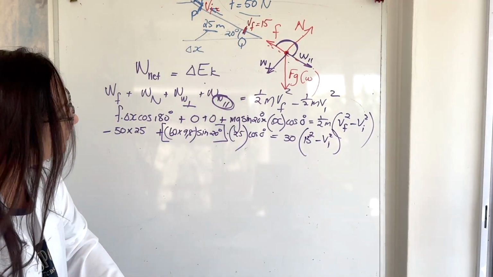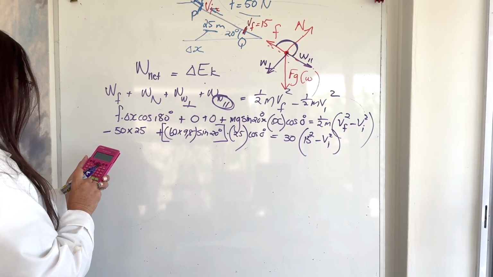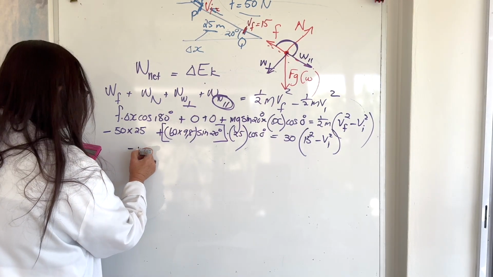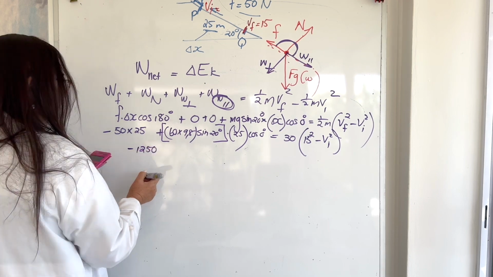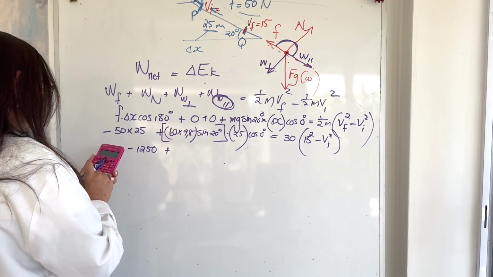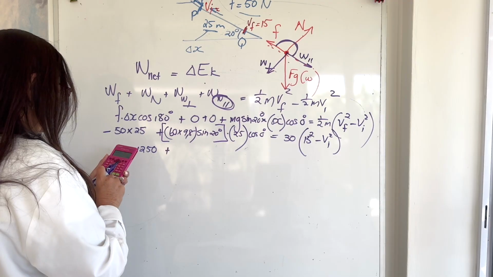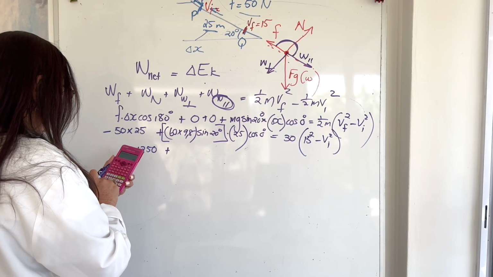Alright, so let's start to work that one out. So here we've got 50 times 25, that gives me minus 1250 joules, plus, if I look at this one, 60 times 9,8 for the weight, times sine 20 degrees.